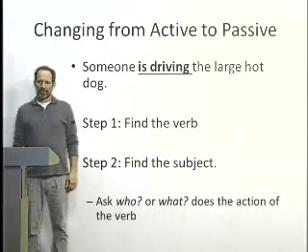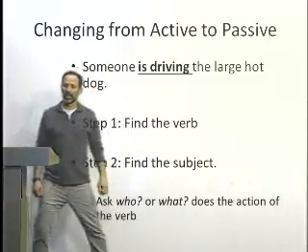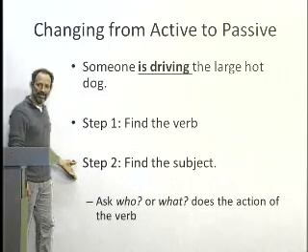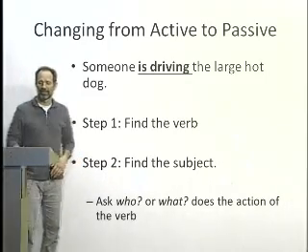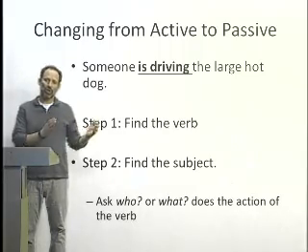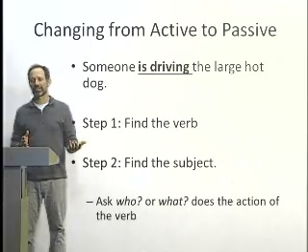After I find the verb, by finding the action, is driving, I'm ready for step two. Step two is find the subject. To find the subject, you're going to ask who or what does the action of the verb. Okay?